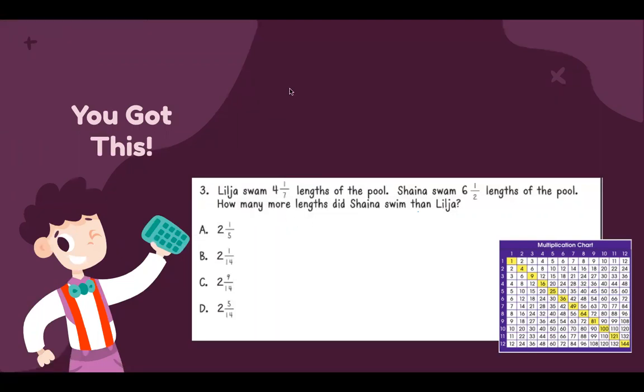This means it's going to be a subtraction problem. So we take the amount that Sunaina swam, which is 6 1/2, minus 4 1/7.